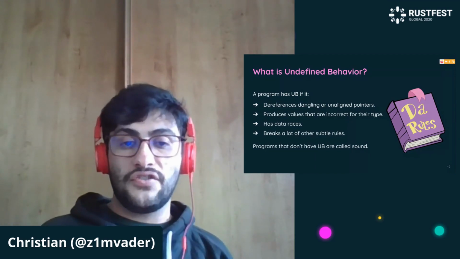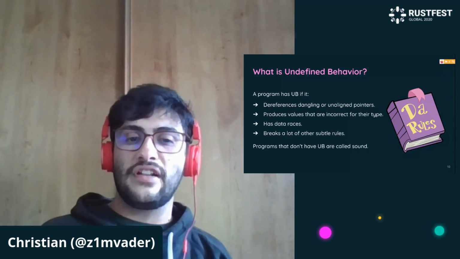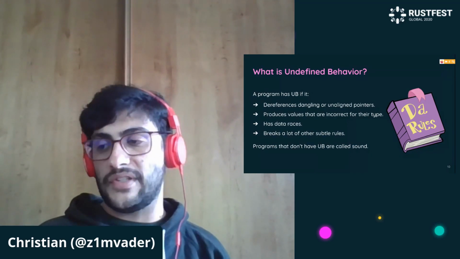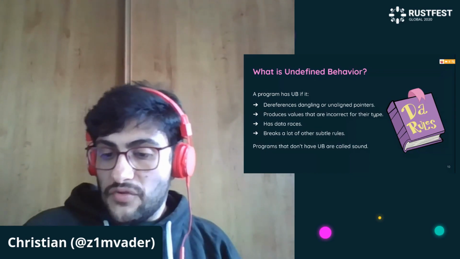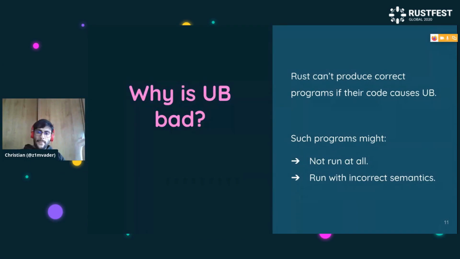Causing data races is also undefined behavior, and as I said before, there are a lot of subtle rules that must be taken into account here. So what happens if we break these rules? Basically, Rust cannot work correctly. We lose the guarantee that Rust has of producing programs that do what we want them to do. Rust can no longer compile a program correctly. In the best case, your program might not run.